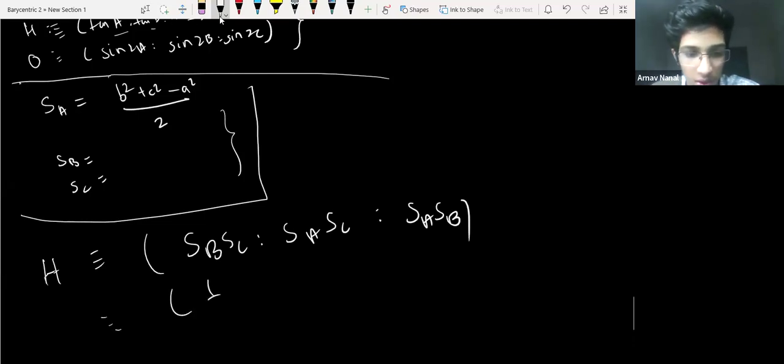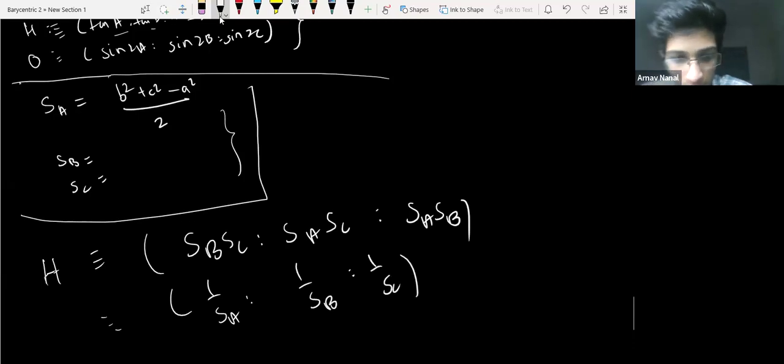Equivalently, this is 1 by SA is to 1 by SB is to 1 by SC. Can people try to show this?